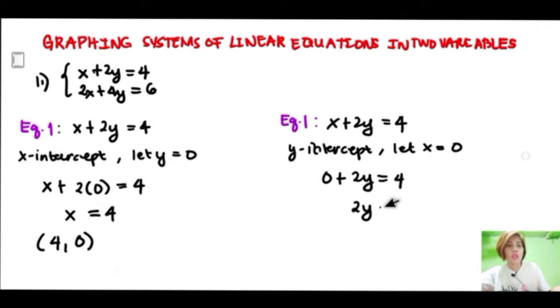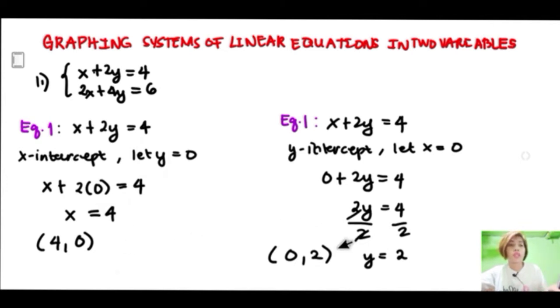So, maging 2y is equal to 4. And then, divide both sides by 2. So, maging y is equal to 2. So, the y-intercept or the ordered pair will be 0, 2. So, ito po yung x-intercept tsaka y-intercept for equation 1.